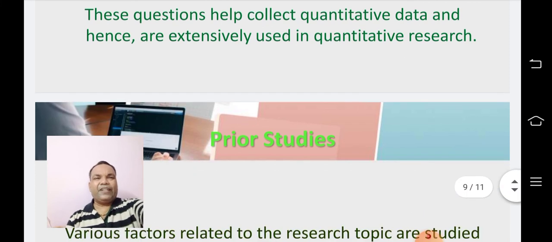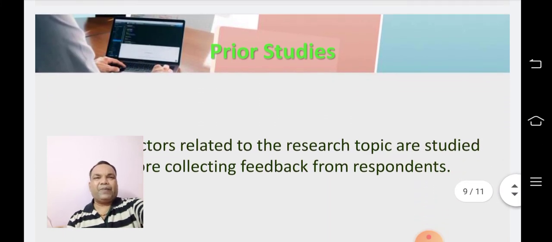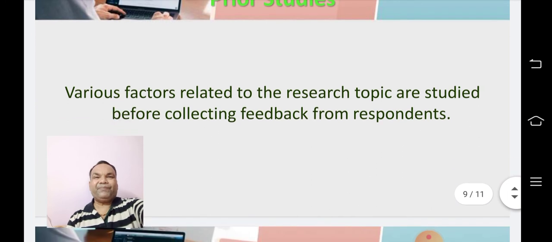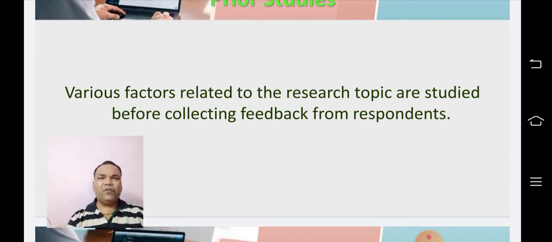Then, the next key feature of quantitative research is prior studies. As we know, various factors related to the research topic need to be studied before going for research, before going for the study of a problem. All the factors related to that problem should be studied beforehand.